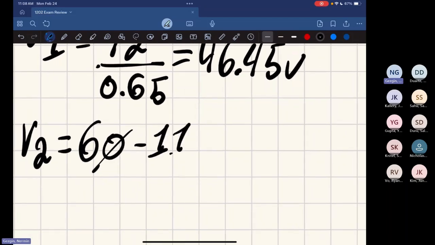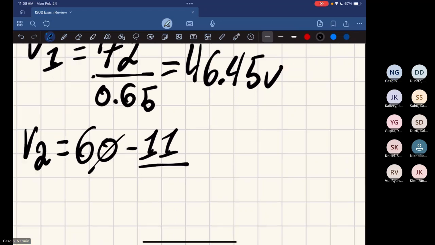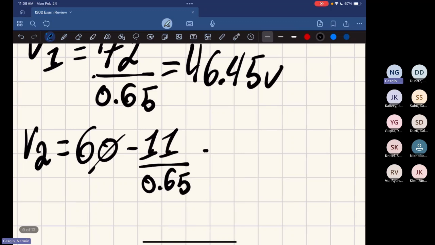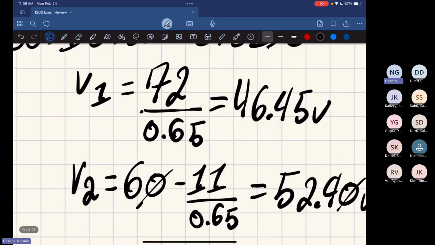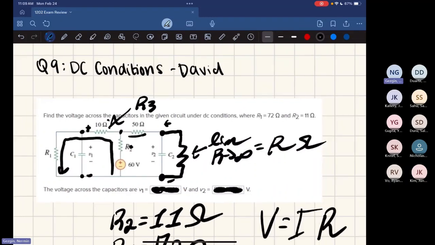So 11 times our total current going through that loop gives us the value of 52.90 volts between right here and right here. So that's your plus, that's your minus. Okay, any questions?